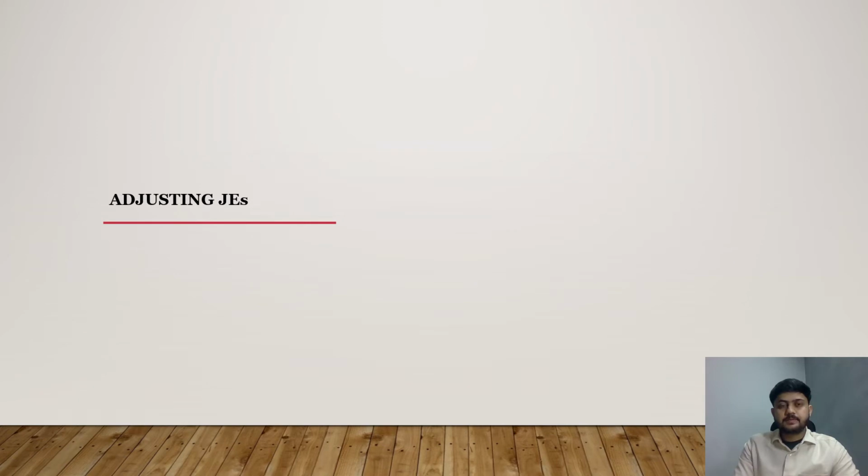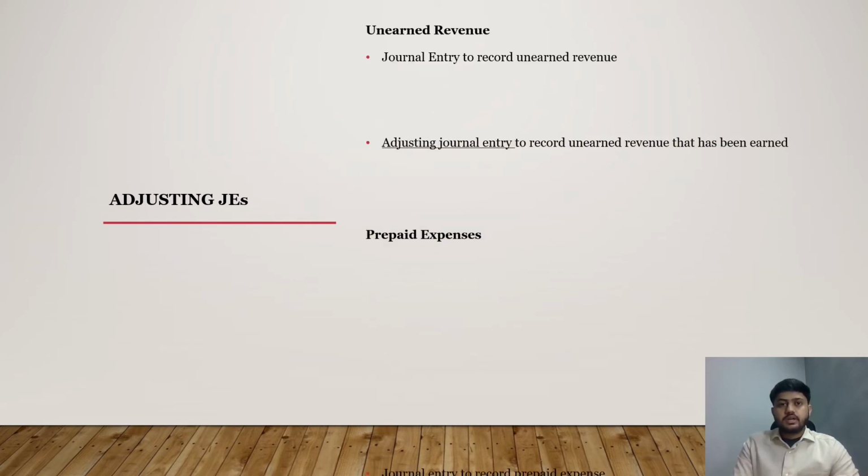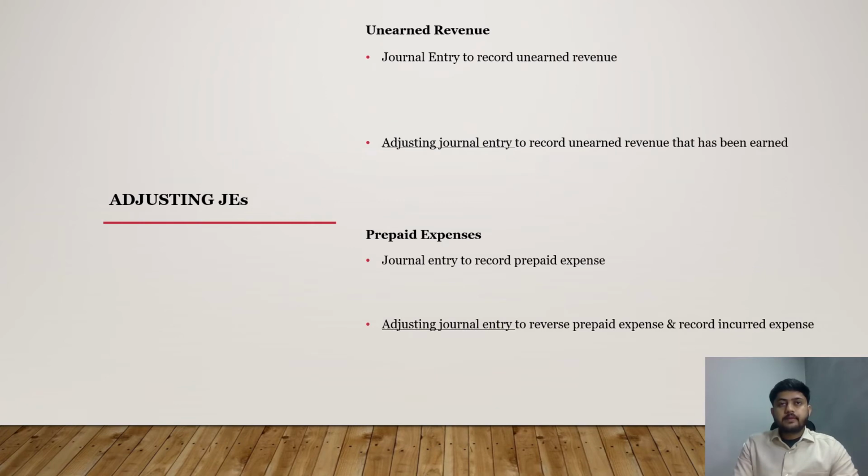Adjusting general entries. So let's discuss unearned revenue and prepaid expense. Unearned revenue means when cash is received but the revenue is not earned. That means, let's say for accounting services which you will provide during January month, you have received the payment on 31st December. In that case, what entry will you book?